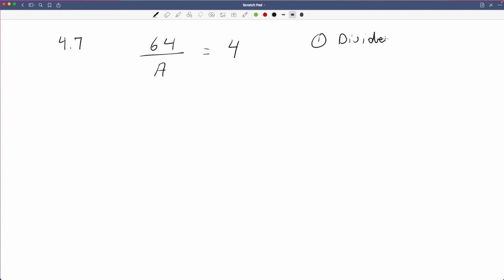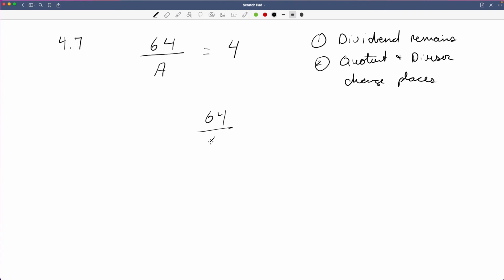So the dividend remains, and then the quotient and the divisor change places. So what we have is 64 now divided by 4, and that's going to give us what a is.